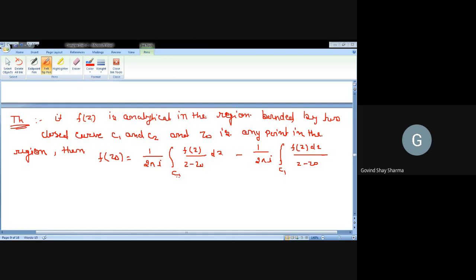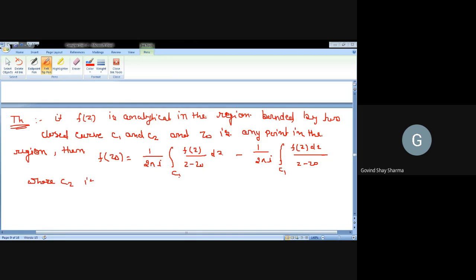If f(z) is analytic in the region bounded by two closed curves, and z0 is any point in the region, then the value of the function at the point z0 is f(z0) = 1/(2πi) ∮ f(z)/(z − z0) dz minus 1/(2πi) ∮ f(z)/(z − z0) dz.